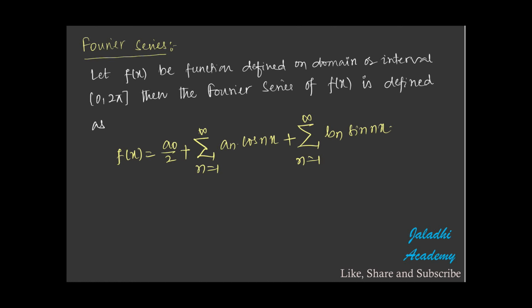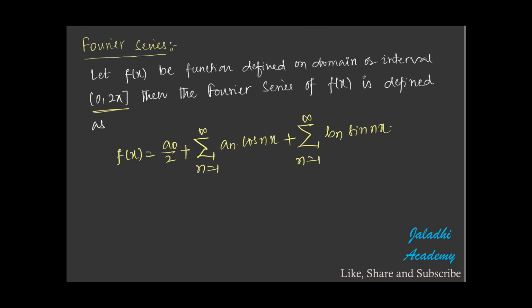So be careful here. We are defining the Fourier series for the function where it is defined in the interval 0 to 2 pi. We need to take care of the interval.